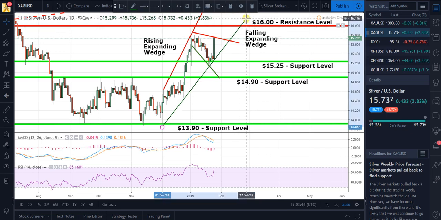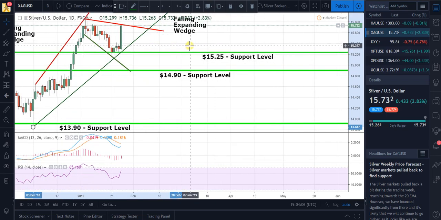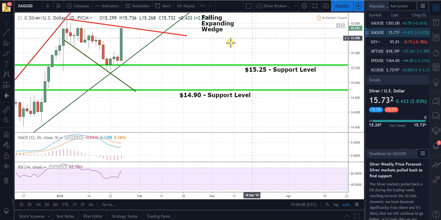We'll leave both patterns in it because the price of silver did fall below the rising expanding wedge, and it did also confirm the rising expanding wedge, but it can also still be drawn as well. I usually don't, but you can see that it has a small, or does it?